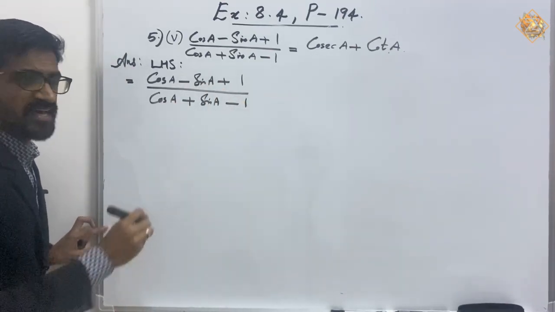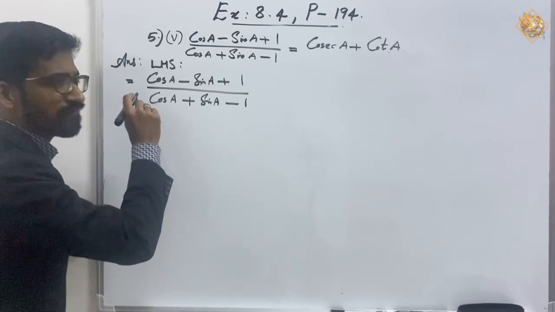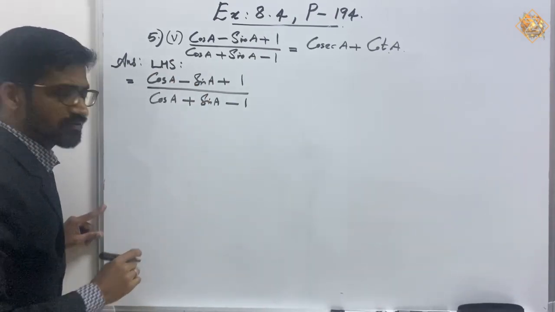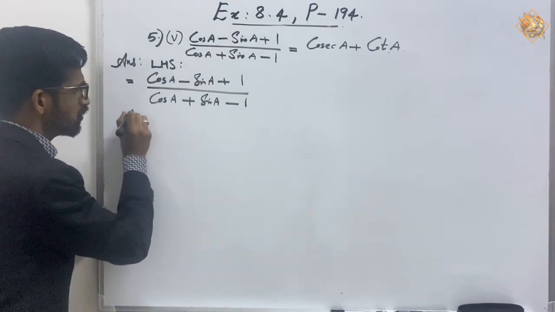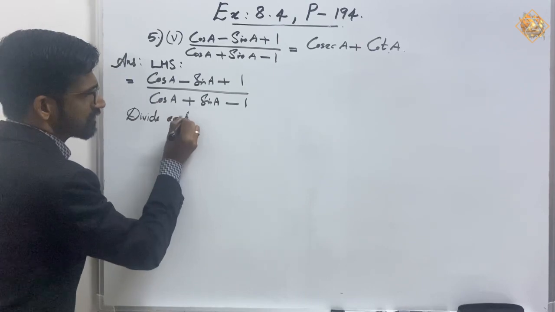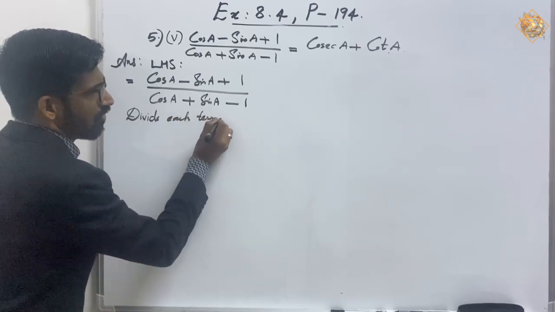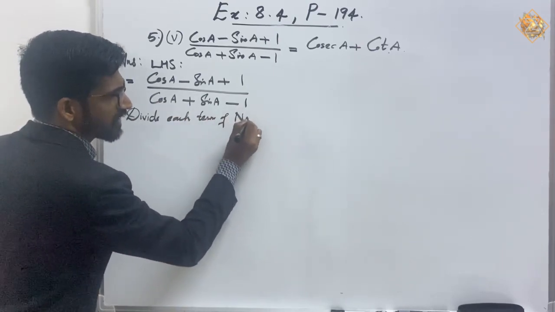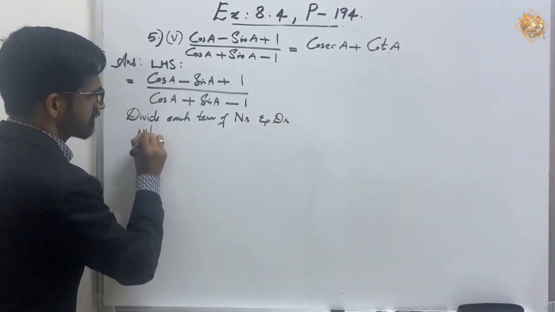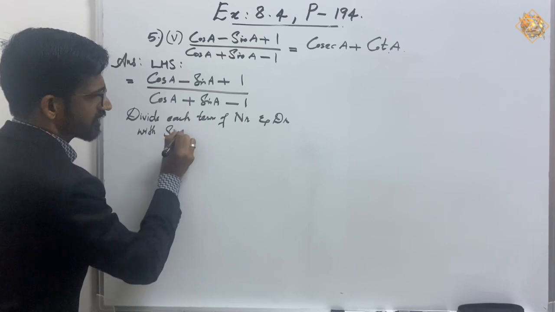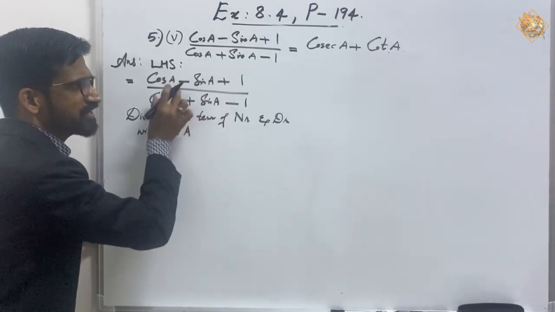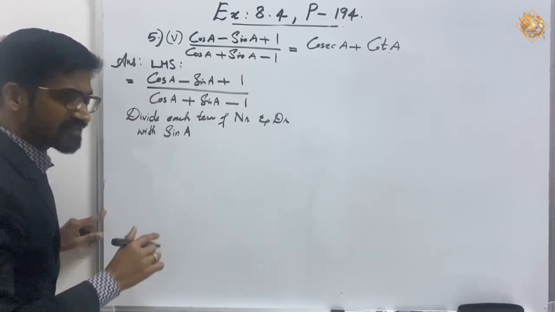Here what we will do is divide each term of numerator and denominator by sin A. Okay students, in the numerator and denominator each term we are going to divide with sin A.